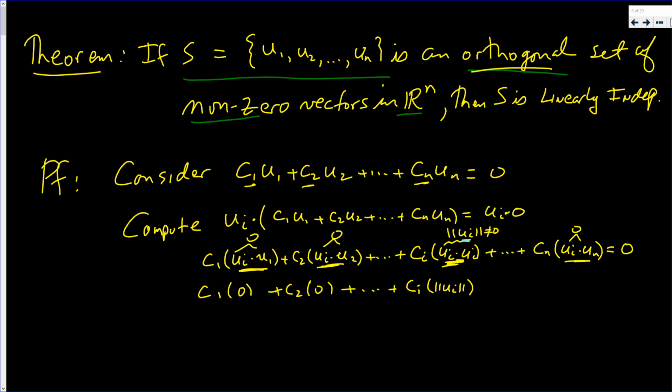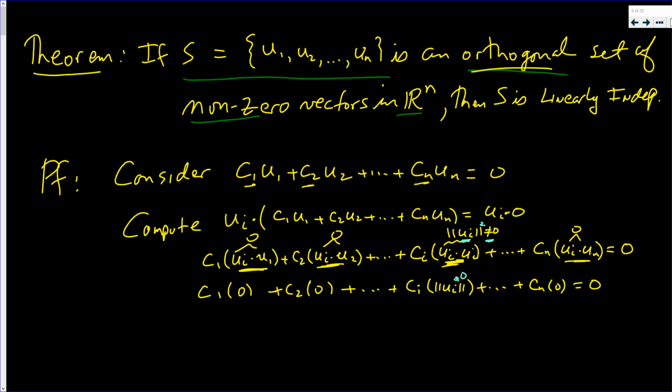Since u sub i is not the 0 vector, its length won't be 0. This is not 0.